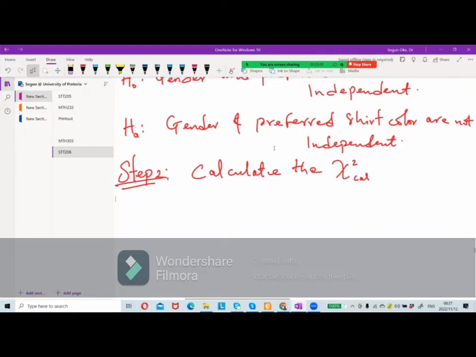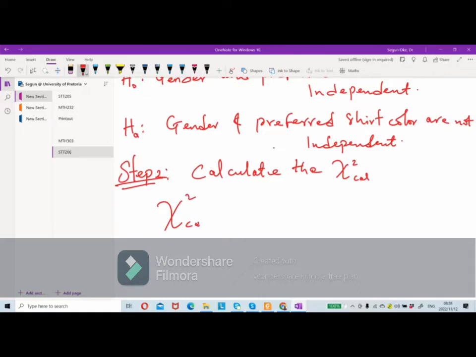Under that formula, we have what we call the chi-square formula that we all know. It is the only step where we have chi-squared.